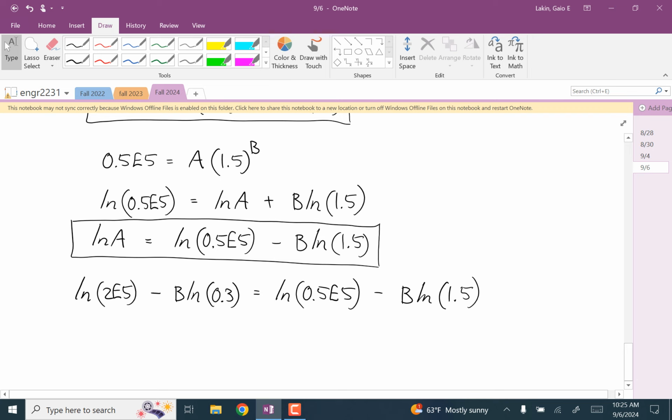So natural log of 2 times 10 to the 5 is 12.206 minus, so the natural log of 0.3 is negative, so this comes out to be plus 1.204B.